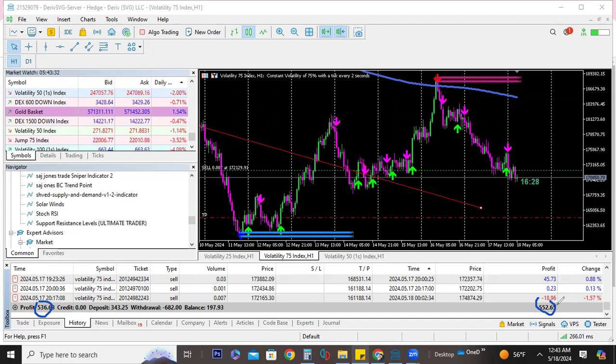It was 552.65. And then I did that withdrawal. So what I'm looking for right now is I'm looking for entries on volatility 25. Let me clear this out.